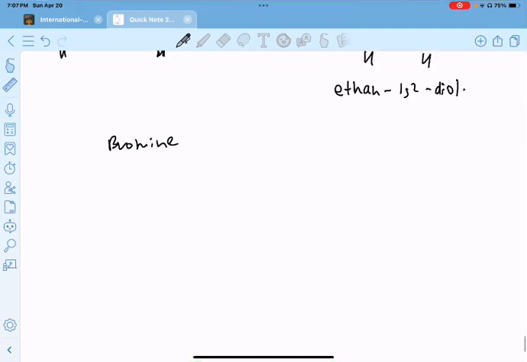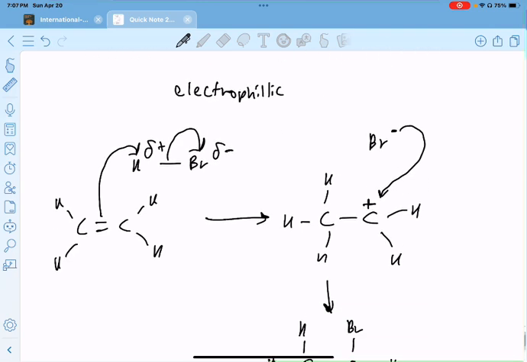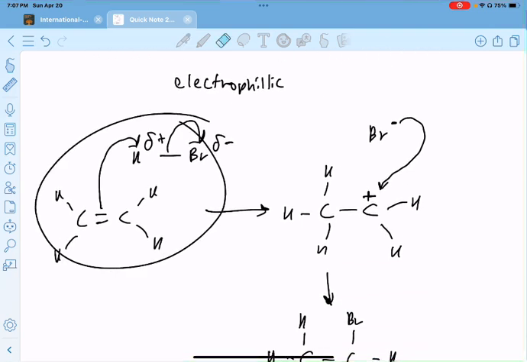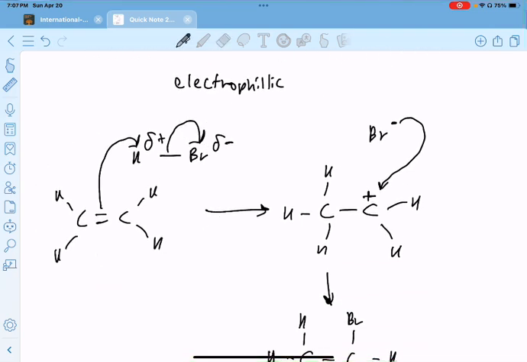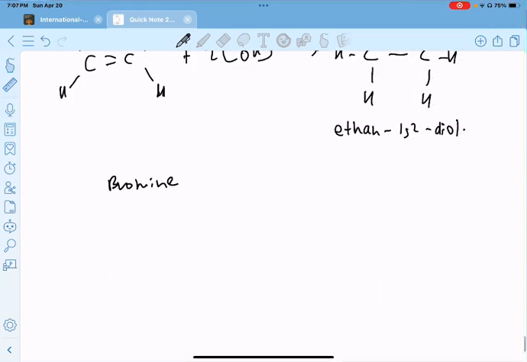Now, we've talked about this before up here. Bromine is Br2, we know that. Bromine water is HOBr. So it has a part of a water molecule, OH, and Br, okay?